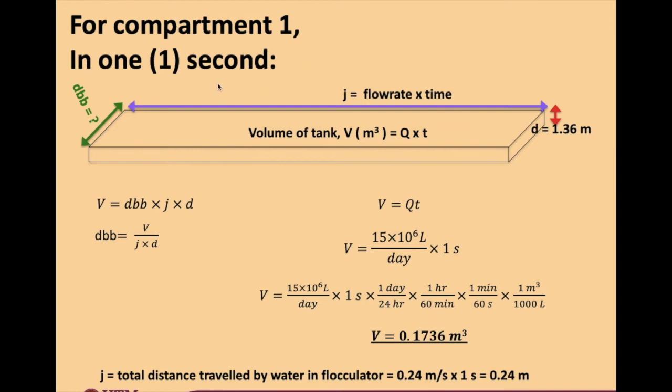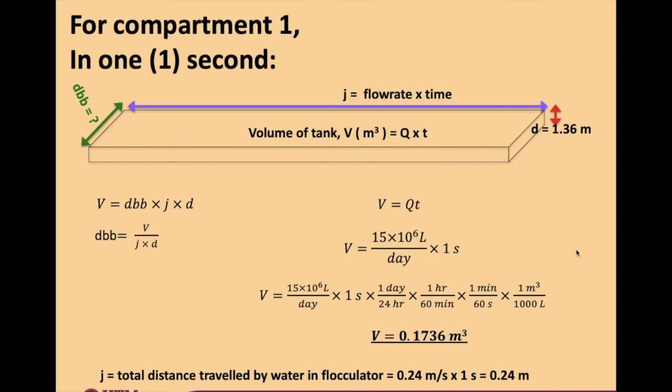If you do not like to assume 1 second, it does not matter. You may assume 1 hour, 35 minutes, or whatever you like. But if you choose any number other than 1 second, your calculation will be difficult. Let's say you choose 35 minutes, then the calculation is a bit complicated.